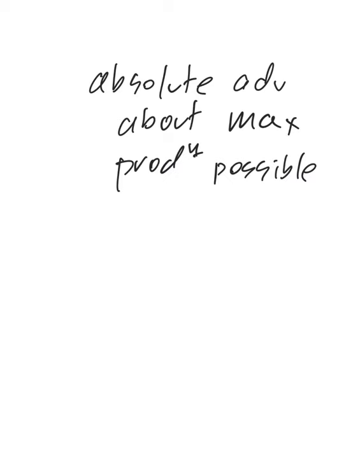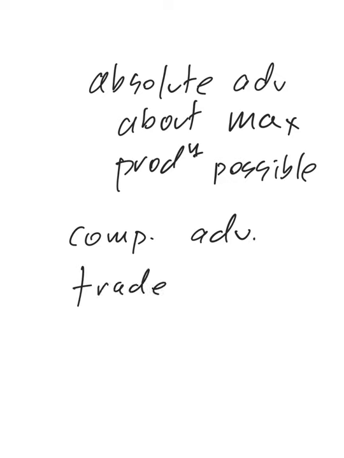Okay, one country, because it's bigger, might have more ability to produce more of both goods, even simultaneously. Comparative advantage is about trade-offs. It's about stuff happening on the margin, as we say in economics.